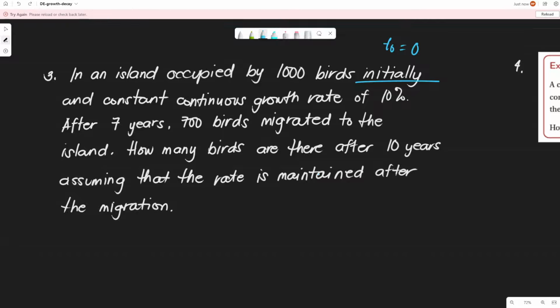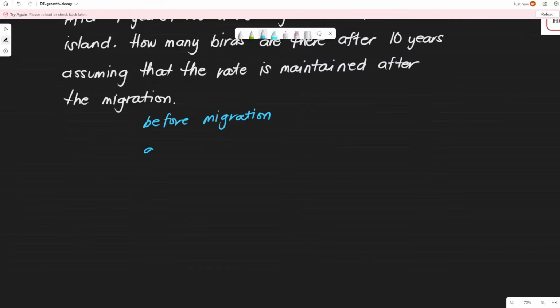Una, before the migration, we need to find the number of birds before the migration and what is the population of the birds after the migration. Okay, so kailangan nating i-take note yun. Before the migration, after migration. So, before migration, ano yung sabi?